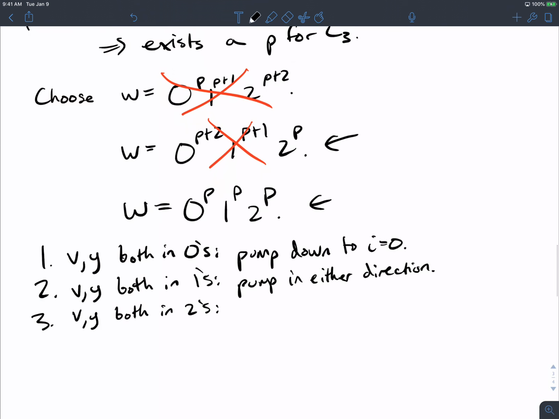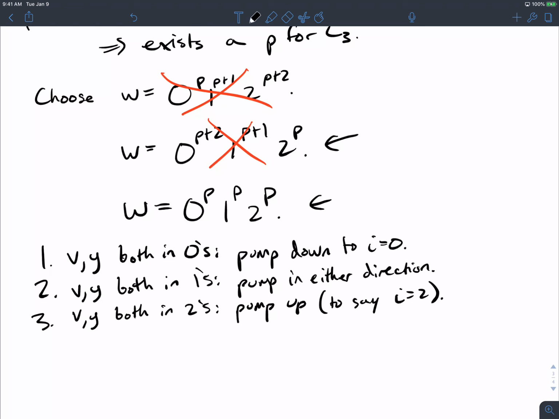No. So in this particular case, we have to pump up to say i equals 2. It doesn't have to be i equals 2, but anything at least 2 will be fine. Okay, great. Those are the 3 possibilities of what V and Y could be.